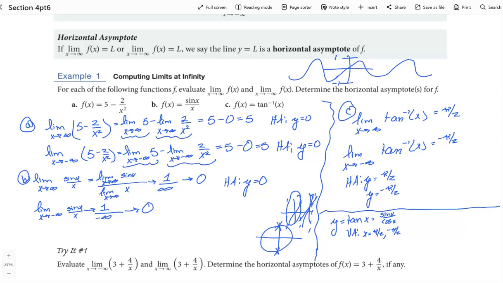To find an inverse, it has to be 1-to-1. So if we define this on negative pi over 2 to pi over 2, then we can find the inverse, which is the arctan, or the inverse tan. If I have a vertical asymptote for the tangent function, then the inverse tangent function would have horizontal asymptotes at those same places.